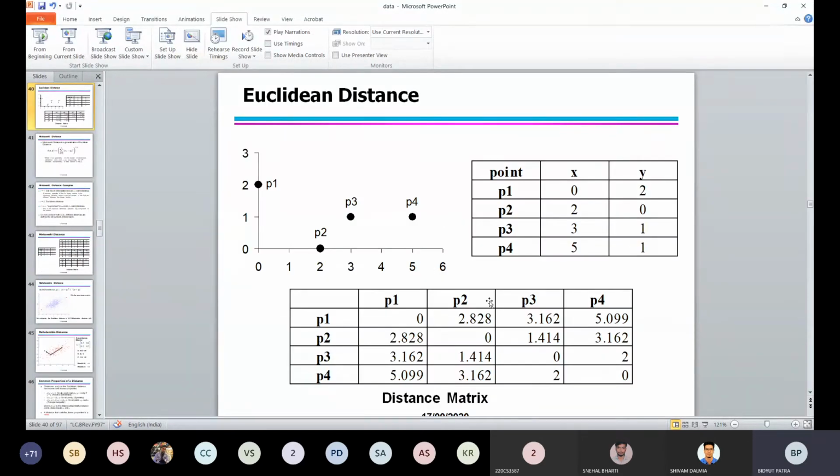There are four points, P1, P2, P3, P4, and these are the X and Y coordinates of the points. P1 can also be called an object. If I say a chair has 4 legs and a color, and another attribute is the weight of the chair, these two attributes can be plotted in two-dimensional space.